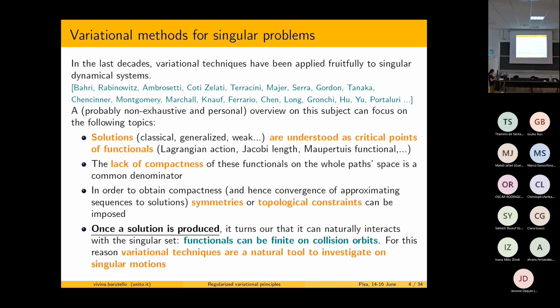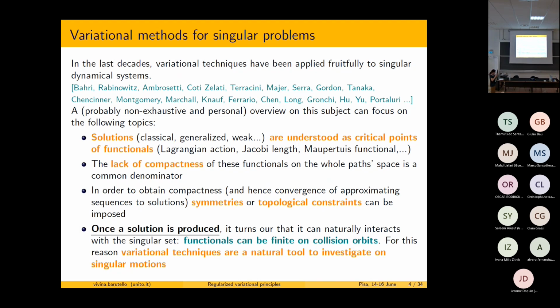And this kind of constraints, so symmetric constraints or topological constraints, braids or other stuff, are imposed to try to obtain this convergence of sequences to critical points.